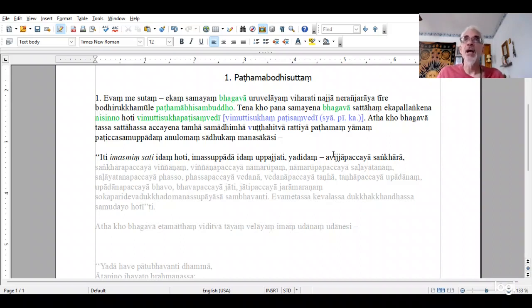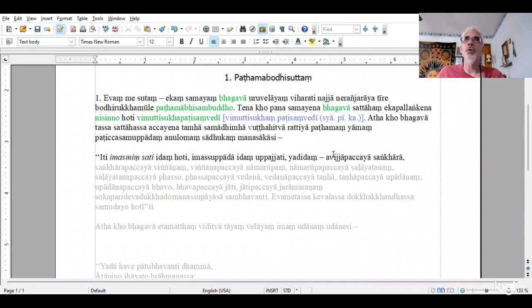Not the kind of wisdom or knowledge that we can just gain by reading something. Our virtue and our meditation, our samadhi, our mindfulness play a huge part in this.